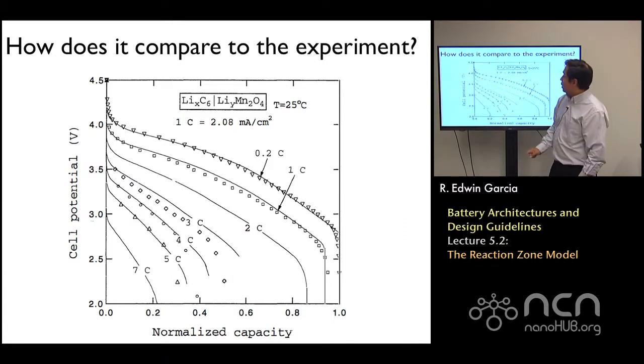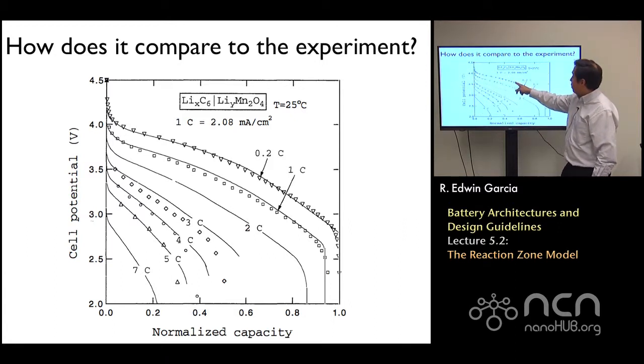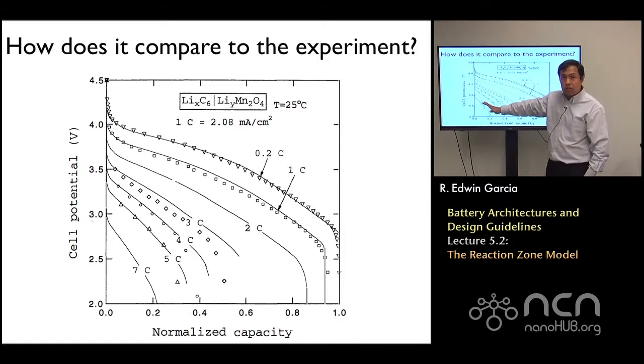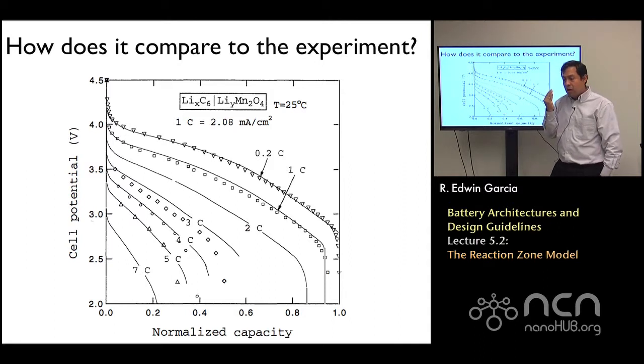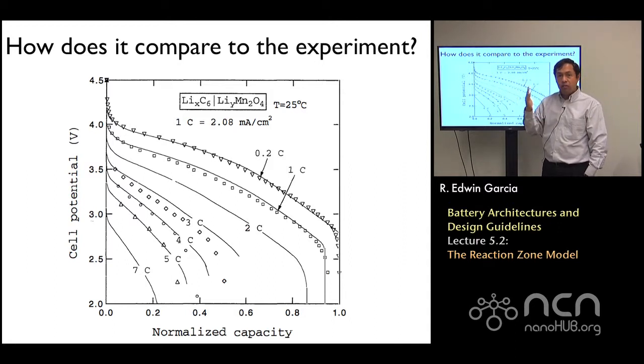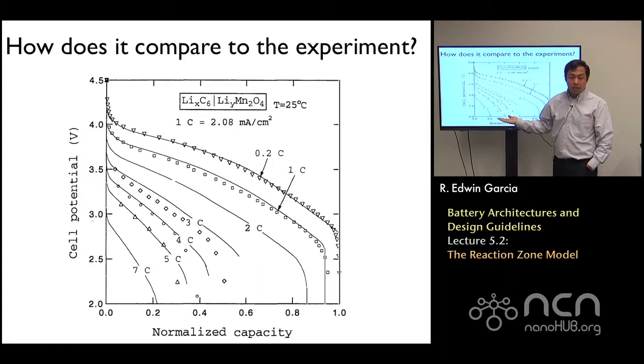And this shape will be mainly given by the equilibrium contributions, and how fast the slope comes down will depend on how much the reaction zone has moved forward. That makes it a very interesting description and allows you to start visualizing this and try to find ways to optimize the system.